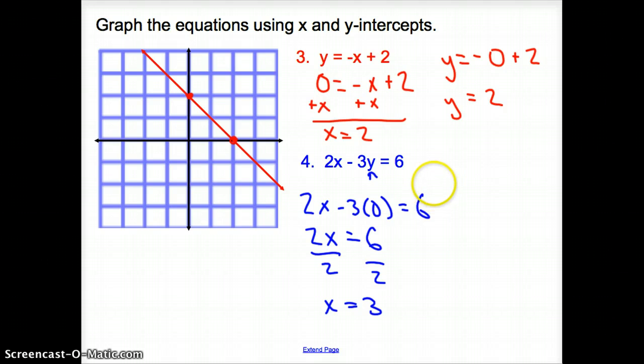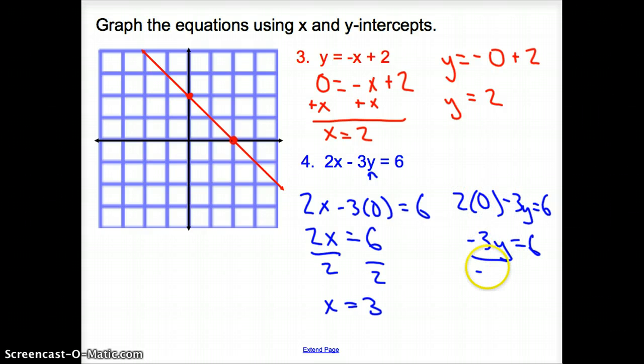Now, do the same thing for y. Now I have to put 0 in for x, so it's 2 times 0 minus 3y equals 6. Solve for y. Negative 3y equals 6 because 2 times 0 is 0. Anything times 0 is 0. Divide by negative 3. Divide by negative 3. So y equals negative 2.